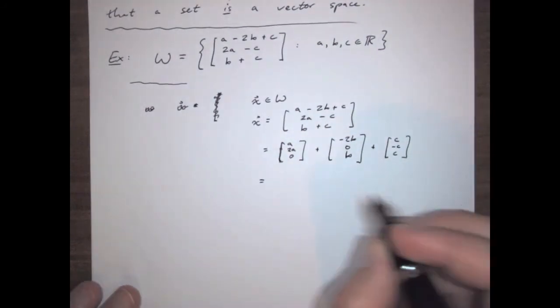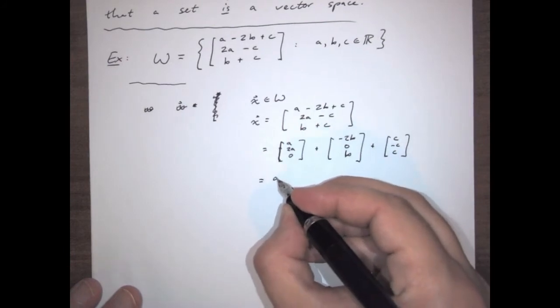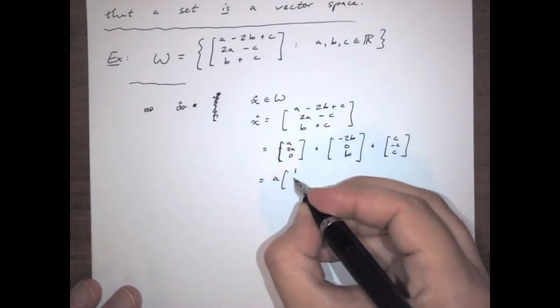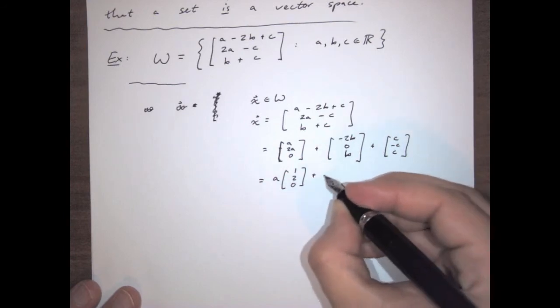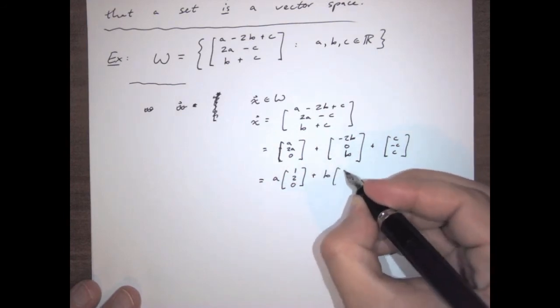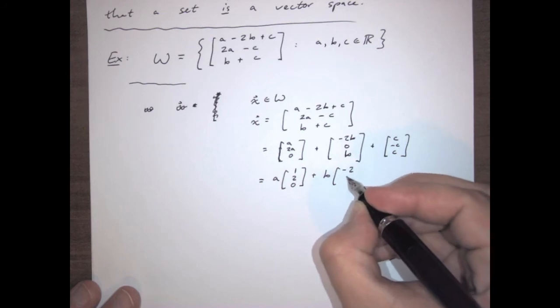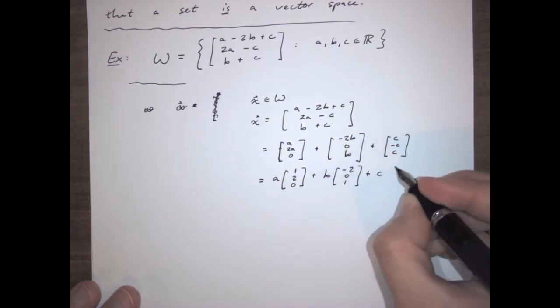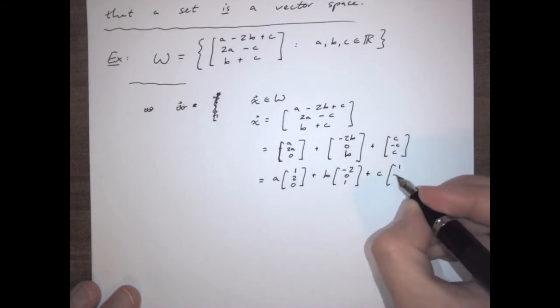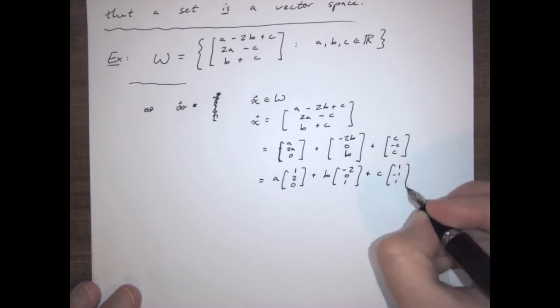Then what that means is that if we pull out an A, we'll have 1, 2, 0. If we pull out a B, then we'll have minus 2, 0, 1. If we pull out a C, we'll have 1, minus 1, 1.